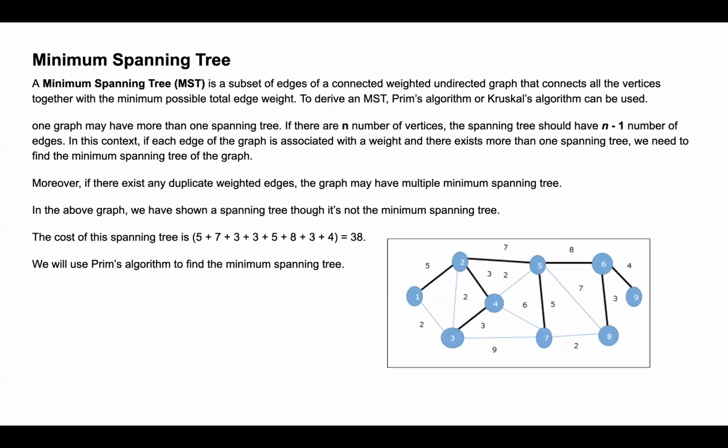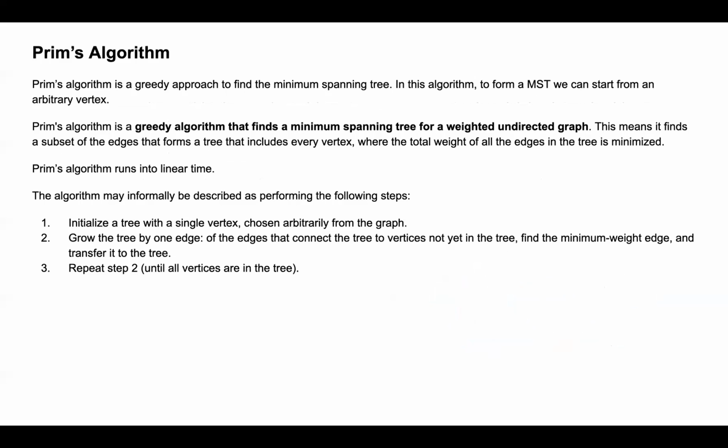Okay, now for finding the minimum cost spanning tree or minimum spanning tree, we will see the algorithm, that is Prim's algorithm. Now we'll see what Prim's algorithm is. Prim's algorithm is a greedy approach to find the minimum spanning tree.